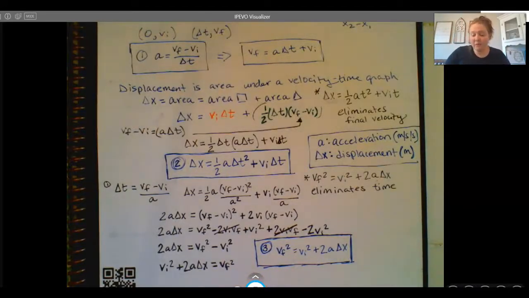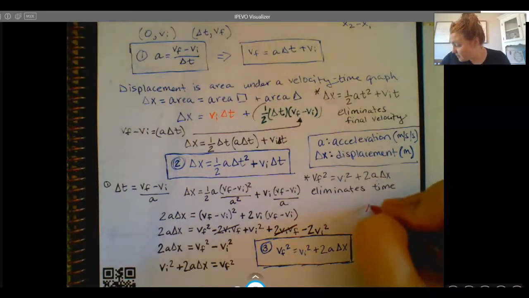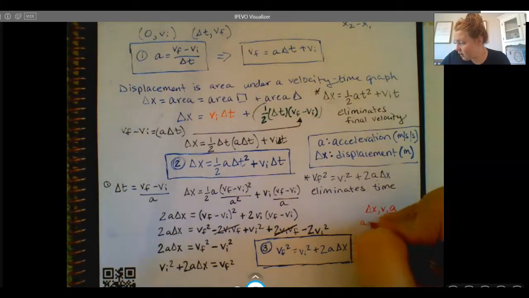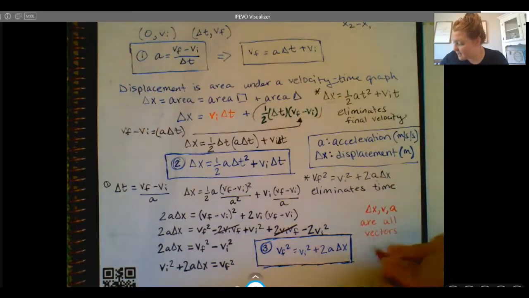Now, it's important to know that displacement, velocity, and acceleration are all vectors. Now, what that means is that the sign of those is important.